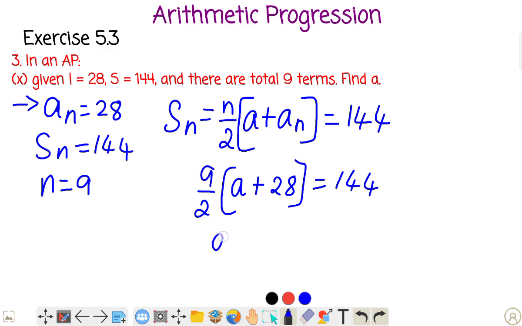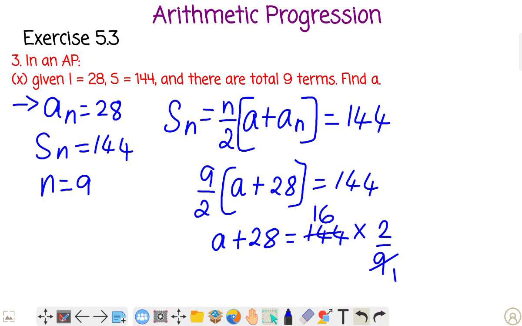So shift this 9 by 2 to the other side. So I can get a plus 28 is equal to 144 into 2 by 9. Since I am sending it that side, it will be reciprocal. So 144 divided by 9, 16 nines are 144. So it is 16. Correct?